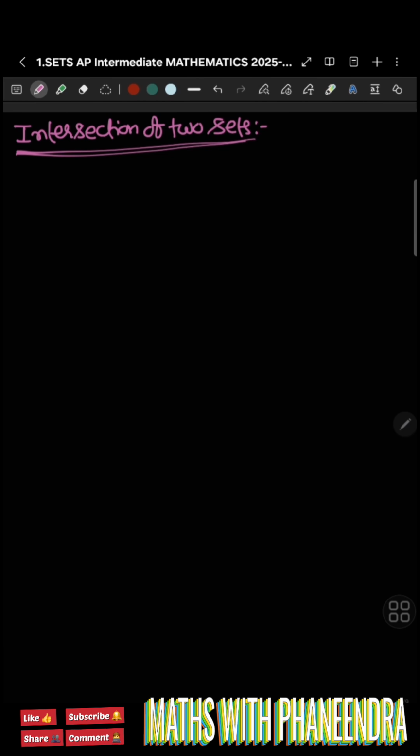So, how to define the intersection of sets? Here, particularly, I am mentioning two sets, that is the reason. Let A and B be two sets.